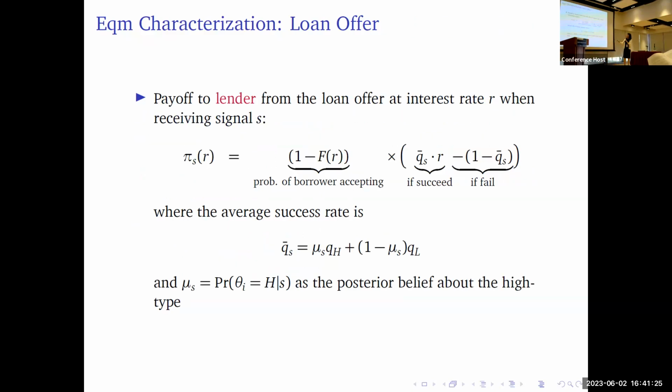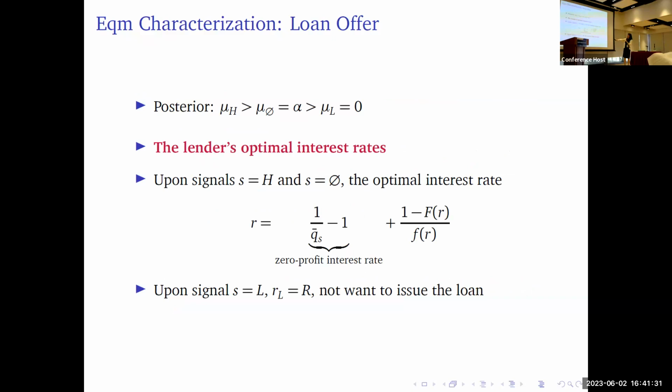So this equation just shows how we determine the optimal interest rate. I will skip that and just show you that when the signal indicates the high type or there is no signal, the optimal interest rate will take the following form. It is the interest rate that makes the lender break even plus some premium.